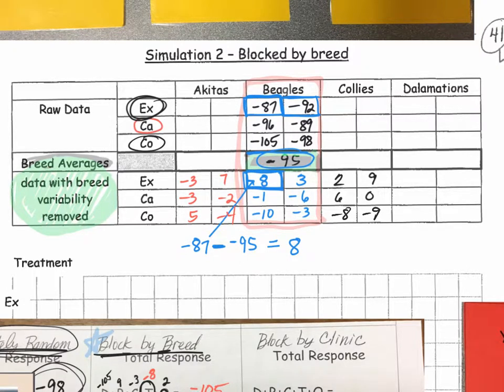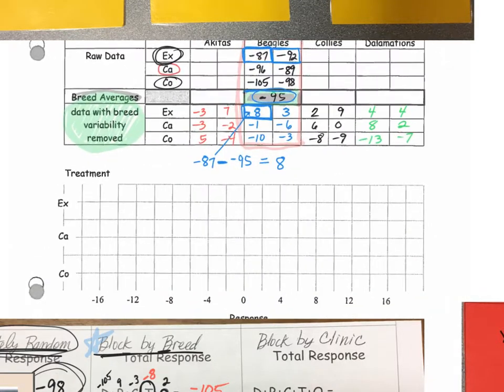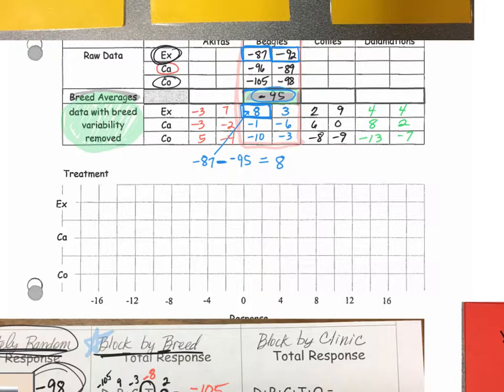And finally, for the Dalmatians, we had these numbers. Okay, so let's look at what we will graph. We will take this information, and the exercise and calcium numbers, I'm going to graph on this line right here.